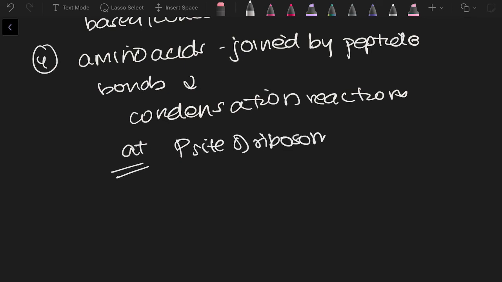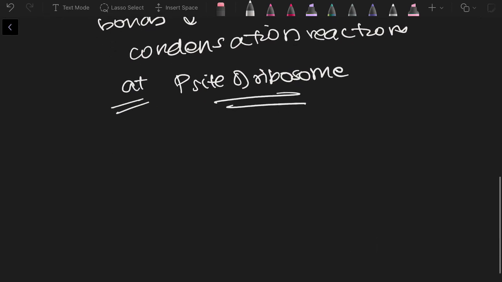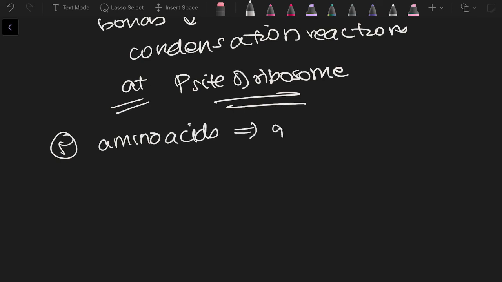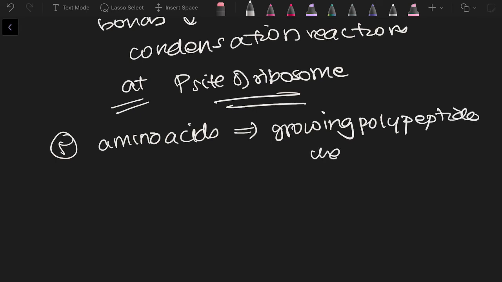P site meaning polypeptide site. And the last step is that once joined at the P site of the ribosome, the amino acids will then form a growing polypeptide chain.